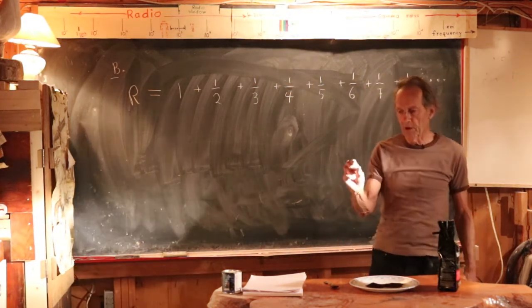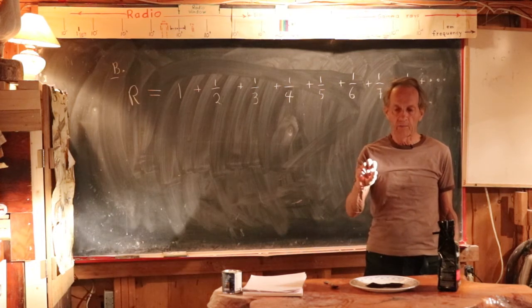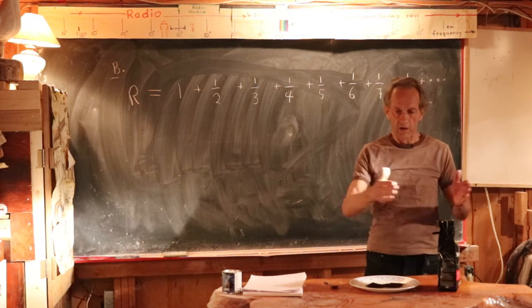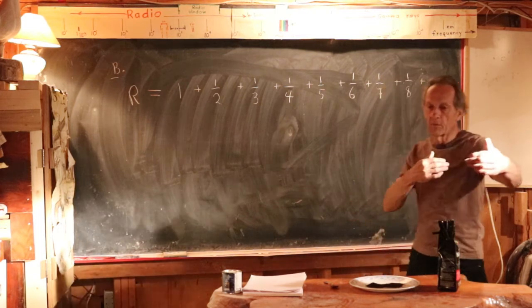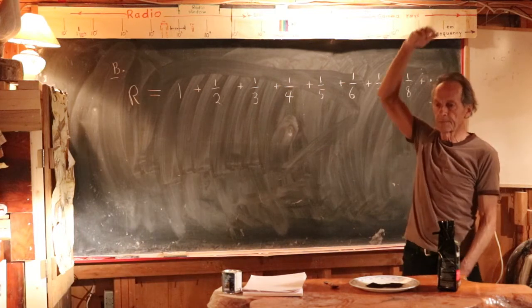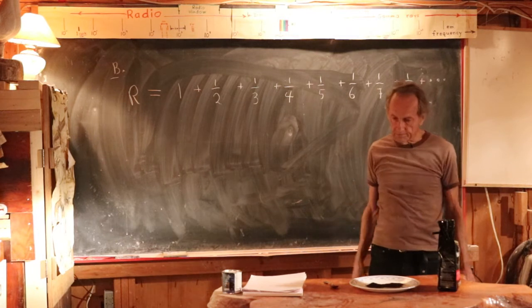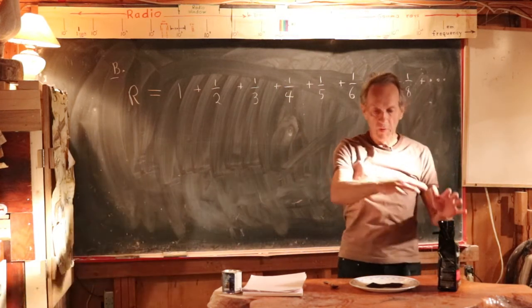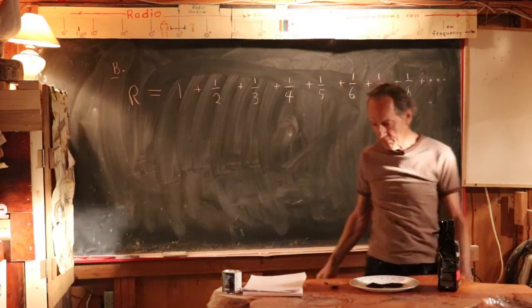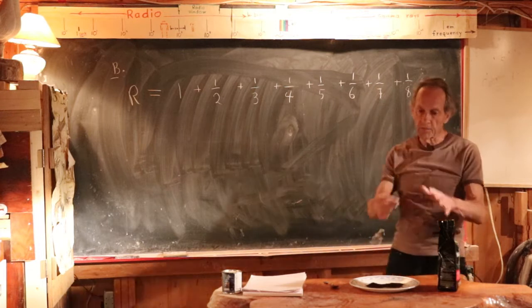I can show that because a heaping teaspoonful is probably something like a centimeter by a centimeter by a centimeter. And in a meter, there are 100 centimeters, a meter by a meter by a meter. 100 times 100 times 100 is 1,000,000. 365,000 is about a third of that, so it'll be a pile about that big.